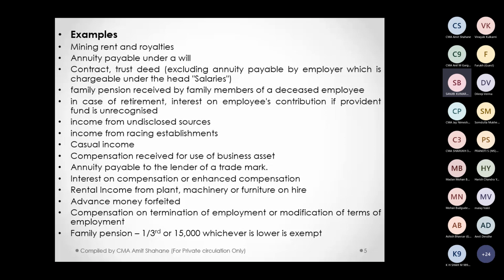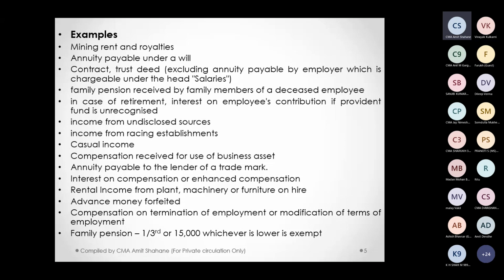Okay. And what is annuity payable under a will, sir? See, basically, suppose you are giving a property under a will to, for example, some NGO or trust, and you have mentioned that I am giving you this flat as part of the will, but with a condition that you will have to pay 20,000 rupees per month to my son after my death.